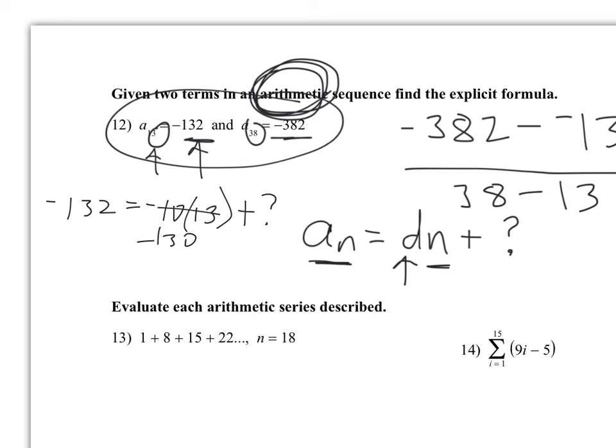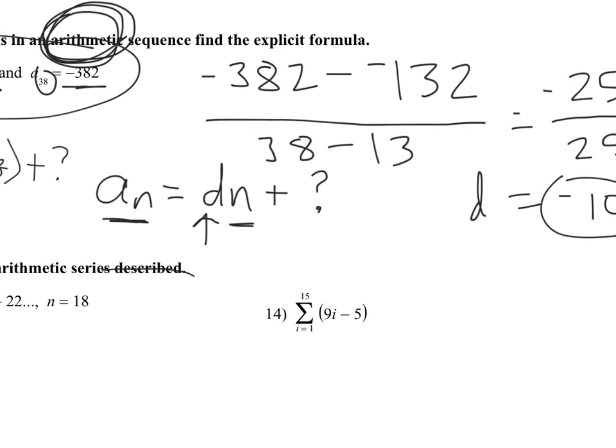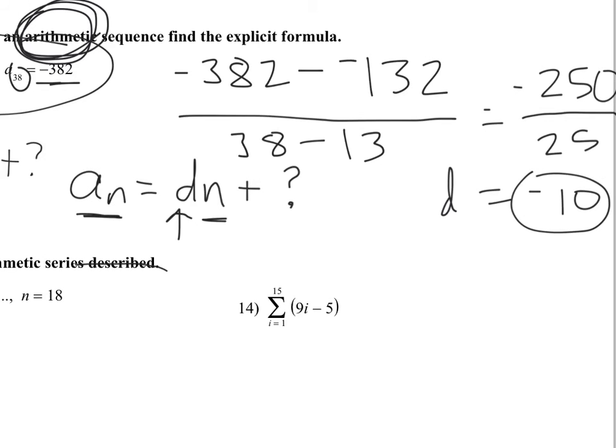And if that gets added to the other side, we're going to have negative 2 is equal to the unknown value. So the explicit formula becomes a sub n equals negative 10n minus 2.